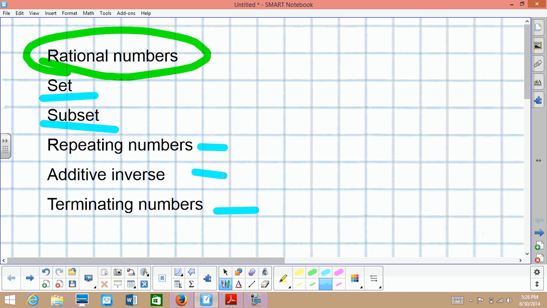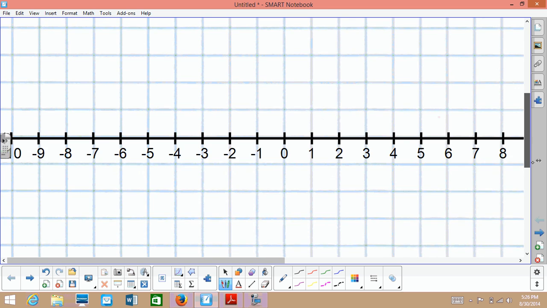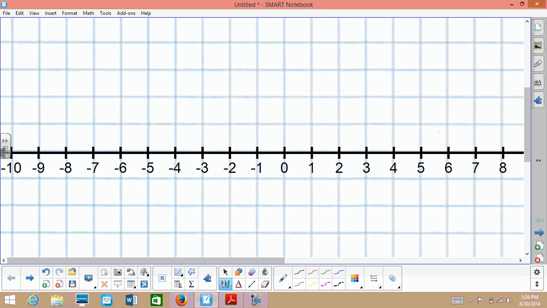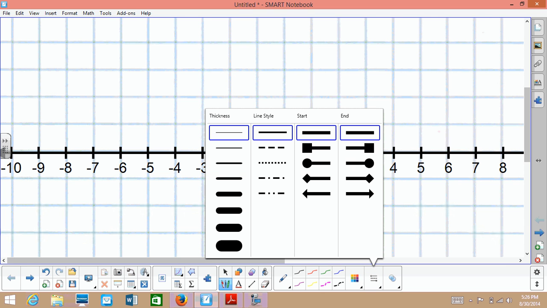Okay, so moving on. We'll start with rational numbers. So rational numbers are basically any number that you can represent by having a whole number on the top and a whole number on the bottom. So rational numbers are numbers that are a ratio of two integers.